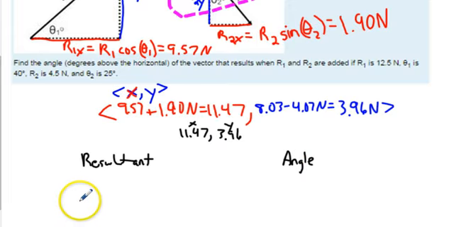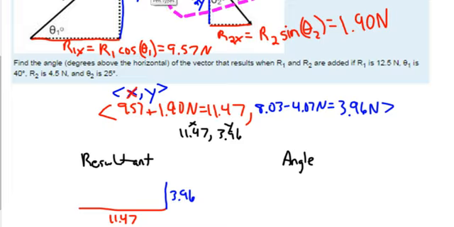Okay, to draw what this looks like, it's an x component that's 11.47 and a y component that goes up 3.96. So that will help most of you visualize what's going on.